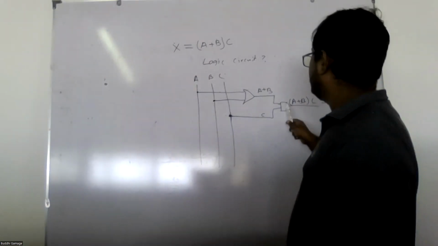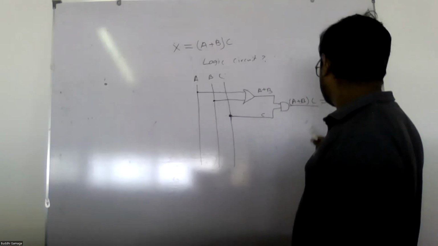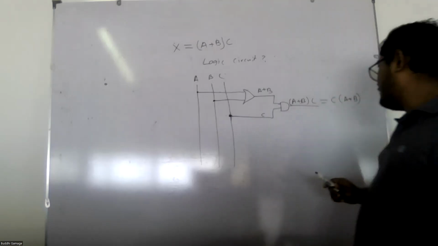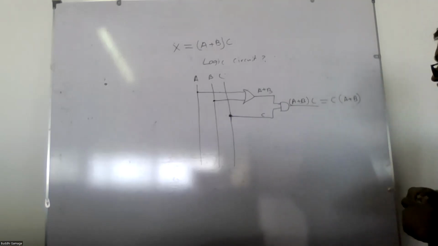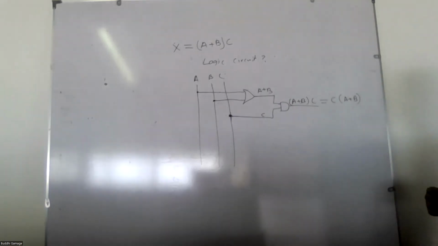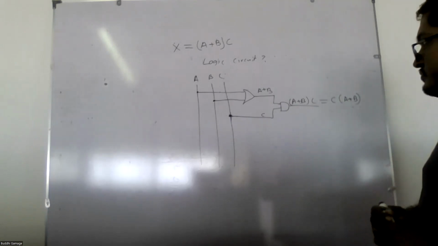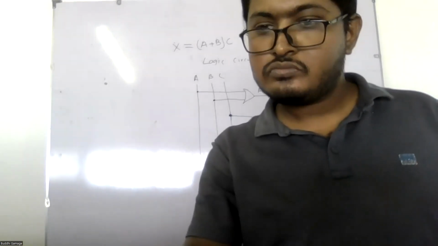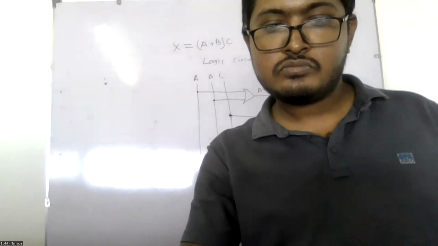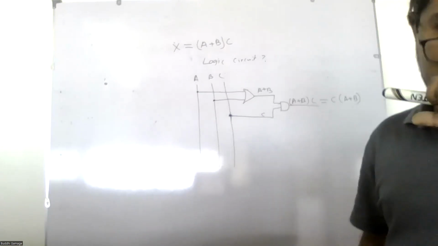We know the operation of these gates is correct, so these two should be equal. Actually, these two are equal.